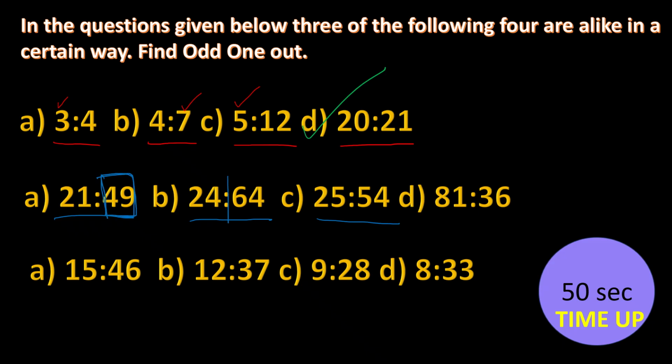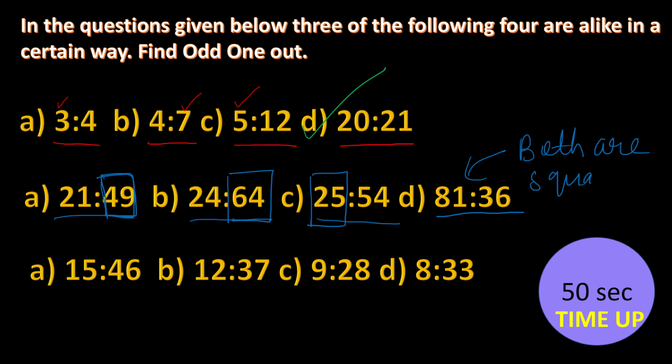Here also 64 is a square number, 25 is a square number. But if you check here in 81 is to 36, here both are what? Both are square numbers, correct? Both of them are square numbers.